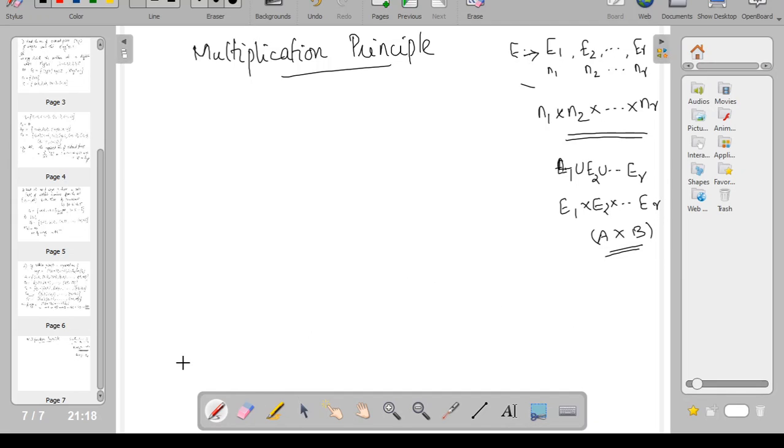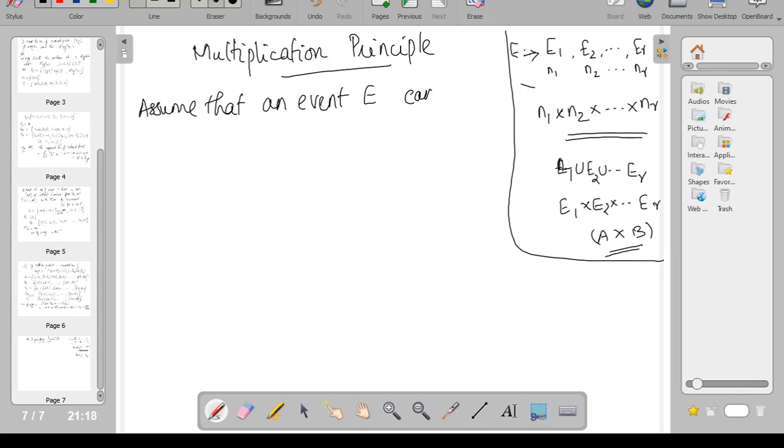So let us state the multiplication principle. Assume that an event E can be decomposed into R ordered events. So the events are followed one after the other.